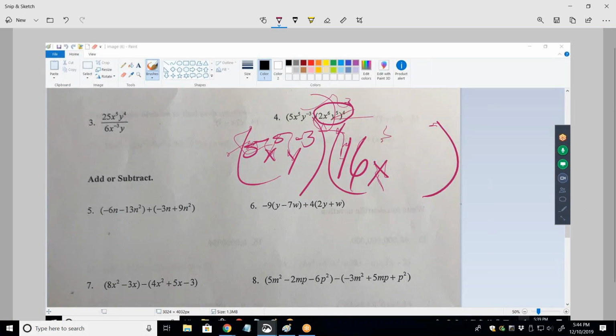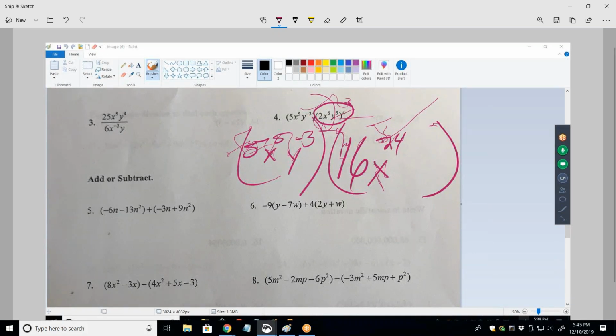Wait, so we're subtracting them now? No, we're multiplying them. Oh, sorry. X to the 6th to the 4th power. That's what we're multiplying. X to the 24th.